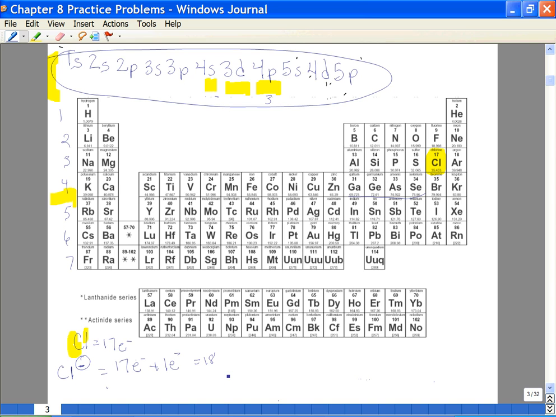We have 2s, we have 2 in there. We've got the 2p orbitals. There's 3 of those, remember. And we've got 6 in there. Let me draw that where you can actually see it better.